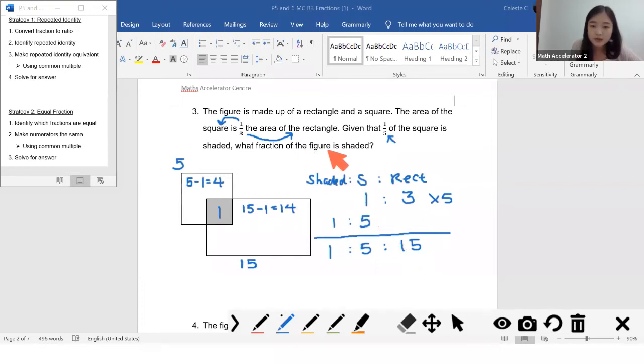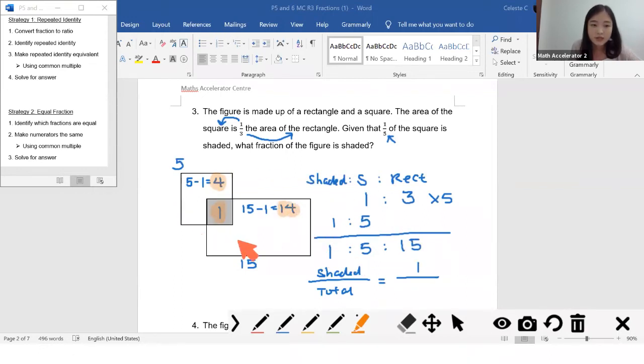Right, so what fraction of the figure is shaded? We have to put shaded over total. Okay, so shaded is easily obtained, it's just 1. How about the total? Right, the total is this unshaded part here, which is 4, plus 1, plus the 14.